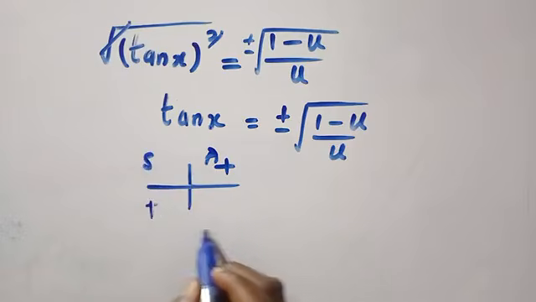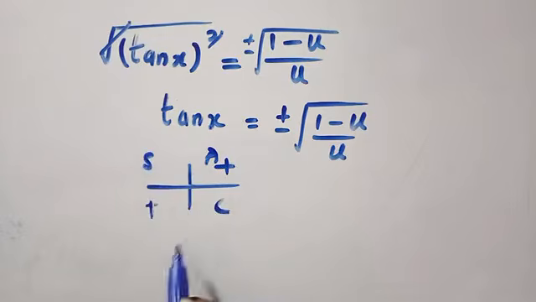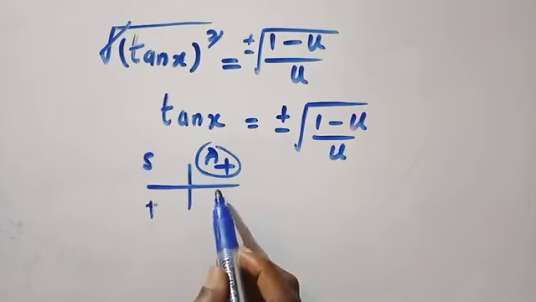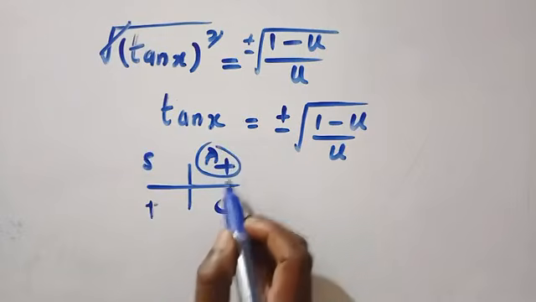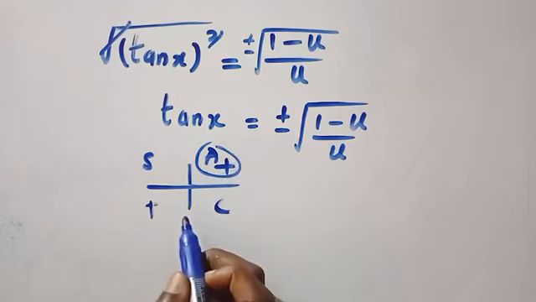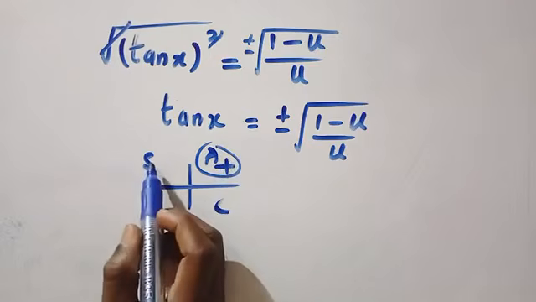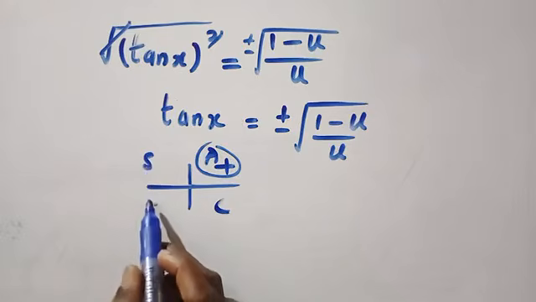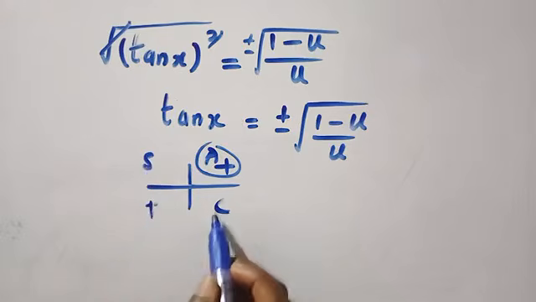This is tan positive and here is cos positive. So any value that ranges from 0 to 90, we are going to have as positive. Sine of theta is positive, tangent is positive and cos is positive here.